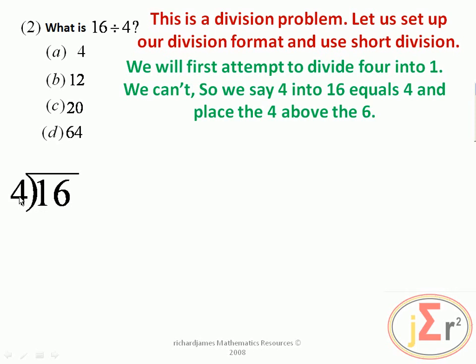Now, what we should really consider is that if we say 4 into 1, a 0 needs to be here. The 0 is not there because a leading 0 will not contribute to the value of the number. So it does not change the value of what else is presented.